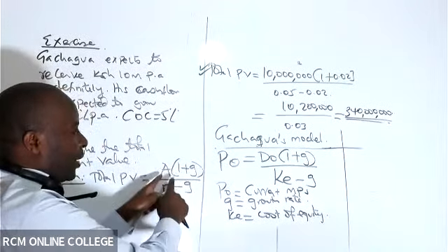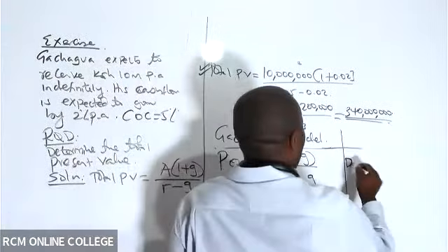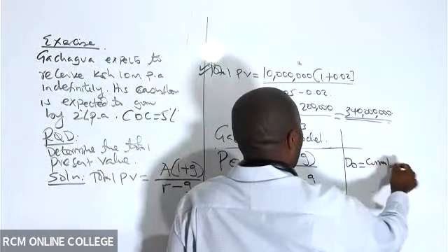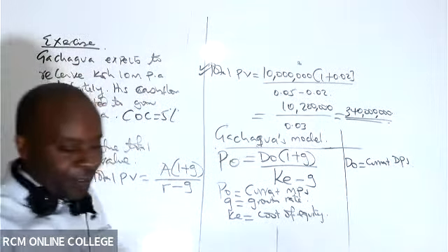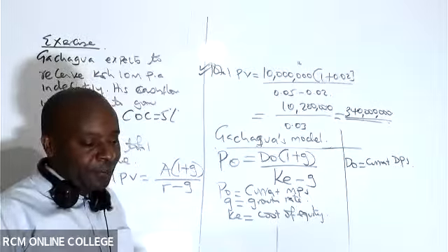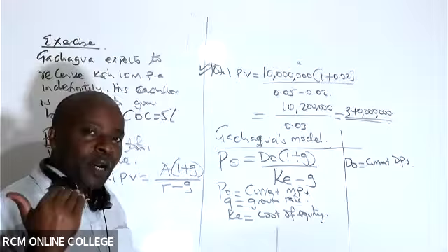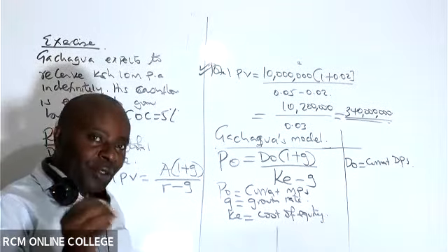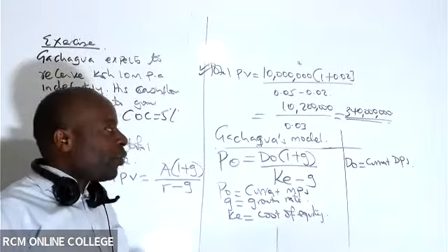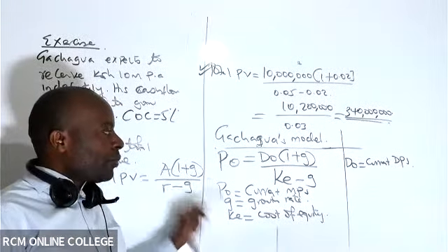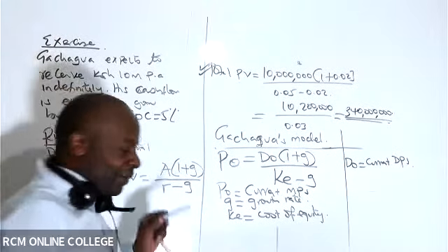Of course, we have D0, which stands for current dividends per share. So this is the model. We cannot talk about valuation of dividends, valuation of shares, valuation of companies without mentioning this model. Very, very important model.